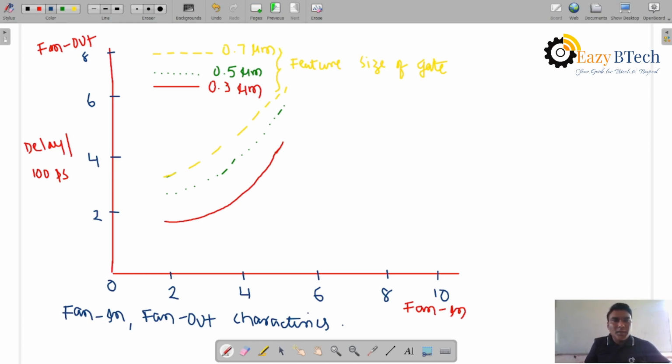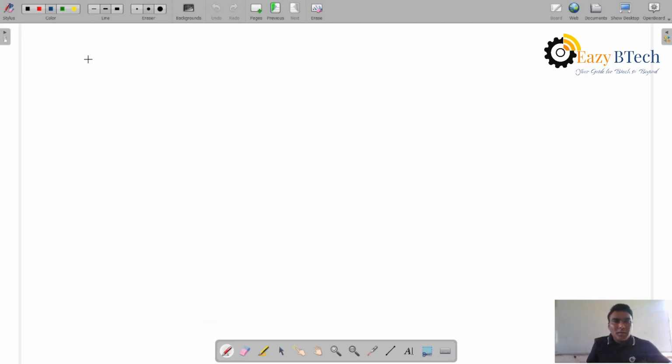Here one point I want to tell you: increasing fan out, the delay of the gate increases exponentially.